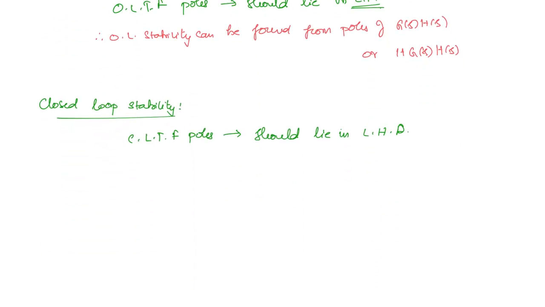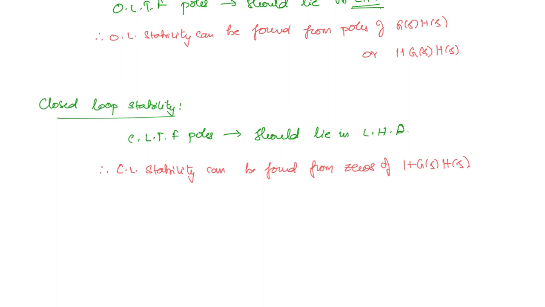So therefore closed loop stability can be found from the zeros of 1 plus G(s)H(s).